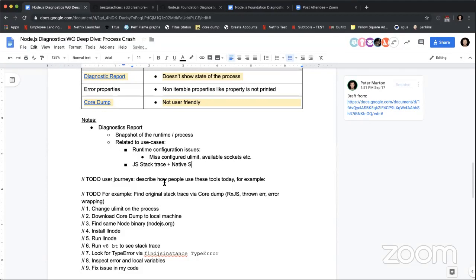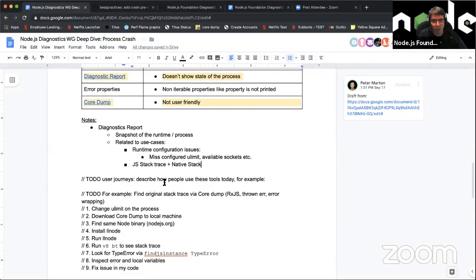Of course, depending on the use case and the specific control flow point at which the crash happened, the native stack can be of great value or of no value. Right. That would be an example where, if your crash is in an add-on, it could actually be quite useful. Yeah.